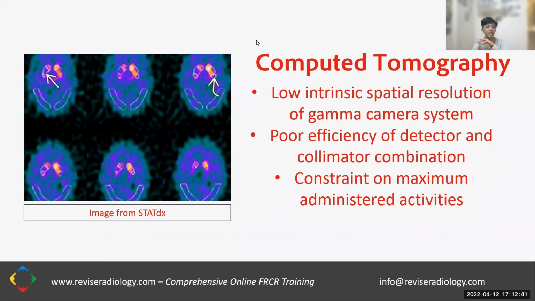Just in case anybody is not aware, the radionuclide that you administer has a certain activity, and depending on how long that radionuclide stays in the body and the activity which is involved, the patient receives a certain dose. It's not the same as X-ray imaging, where the dose to the patient depends on the examination time.